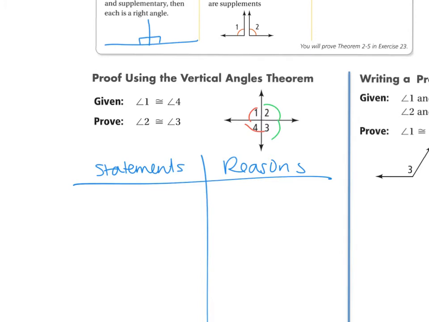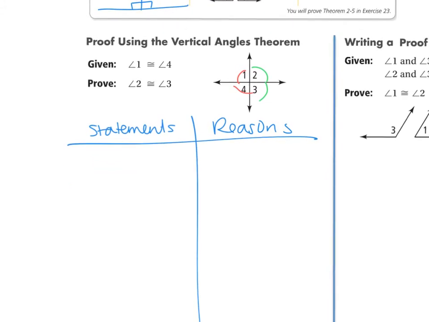We're going to use the vertical angles theorem. So think vertical angles. I know you might automatically start thinking supplementary, they add up to 180, but don't go that route. Just think of vertical angles. On this one, we're going to start with what's given. Angle 1 is congruent to angle 4, and the reason is given.